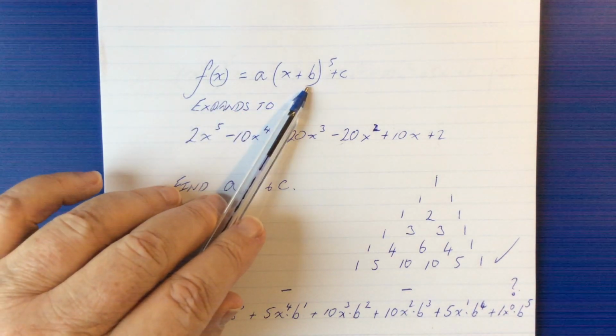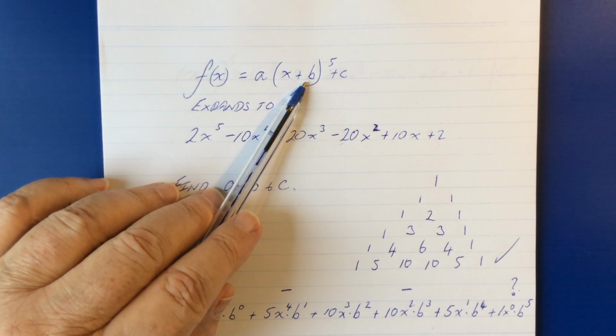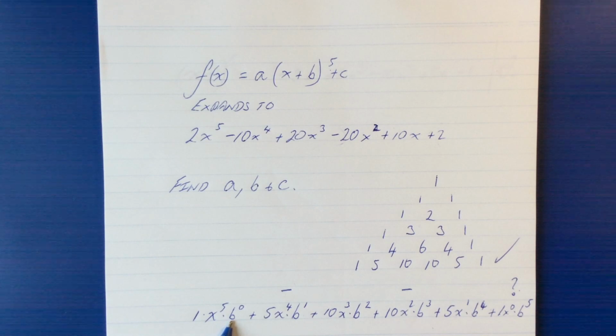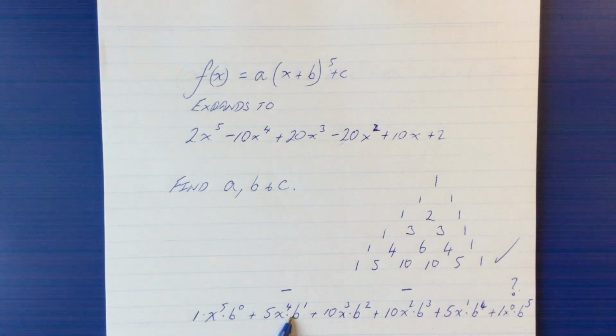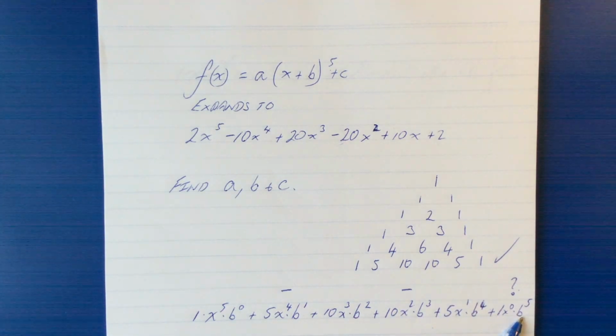We take our second, in this case, pronumeral in here, and we do the same thing, but we do it in the opposite direction. Start at 0, b to the 0, b to the power of 1, 2, 3, 4, and 5.